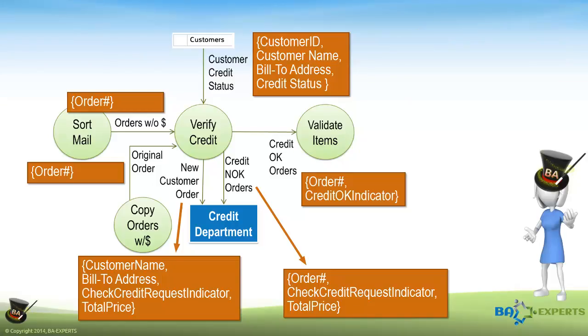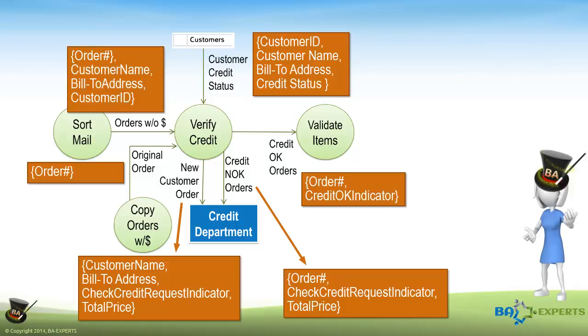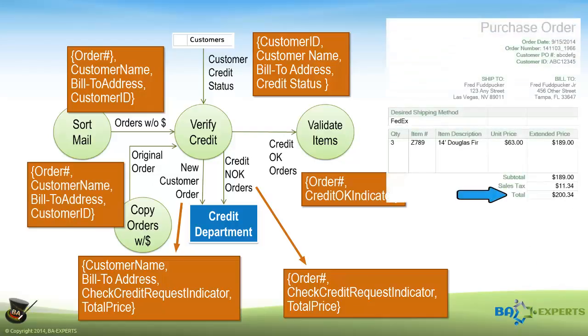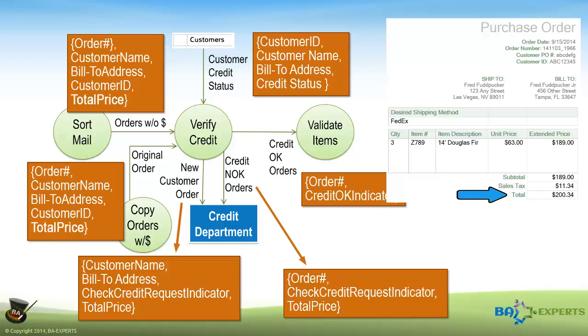After Paul confirms, I add those data element names below the order number on both the orders without payment and original order data flows. I also notice that the total price is on the order form, so I add it as a data element to the orders without payment and the original order data flows.